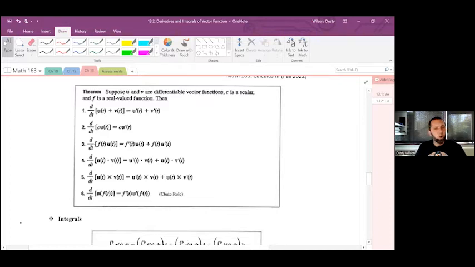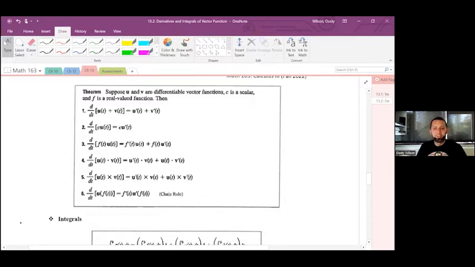Then, 1, d dt of u of t plus v of t equals u prime of t plus v prime of t. Addition works as you would expect. 2, d dt of c times u of t is equal to c times u prime of t. That is, scalar multiplication and derivatives work the way you'd expect.